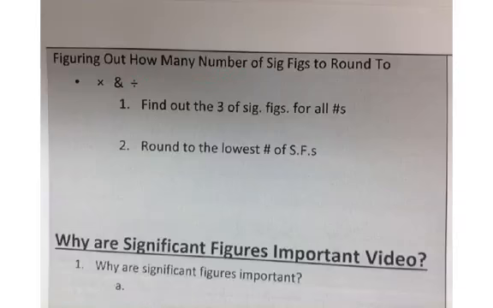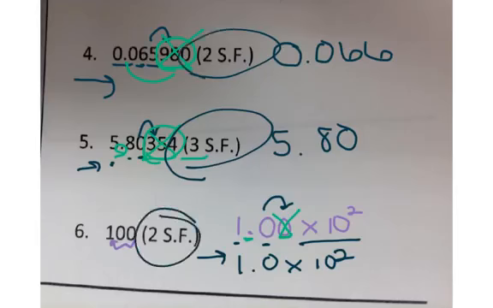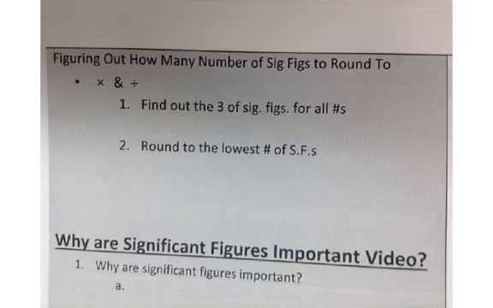The last thing is how, when you're doing a multiplication or division, to know how many sig figs to round to. As you look in the previous examples, I told you how many sig figs to round to. But when you look at any other example that you're going to be doing in class, I'm not going to tell you how many sig figs. Okay?